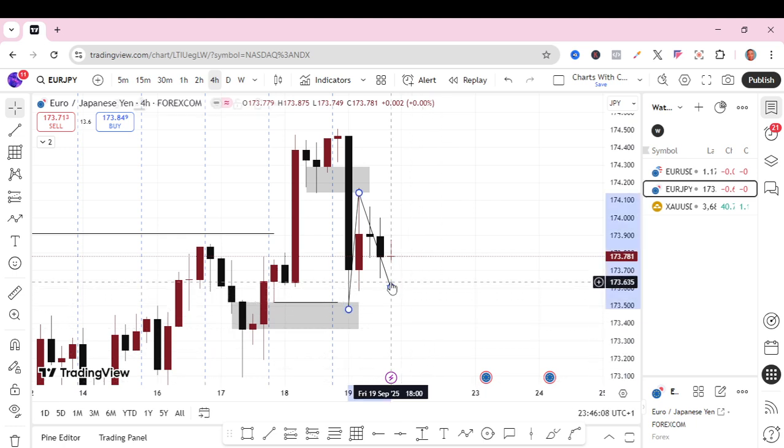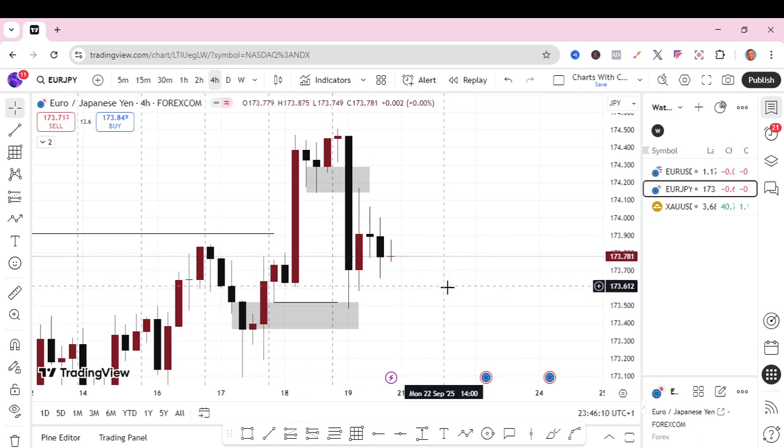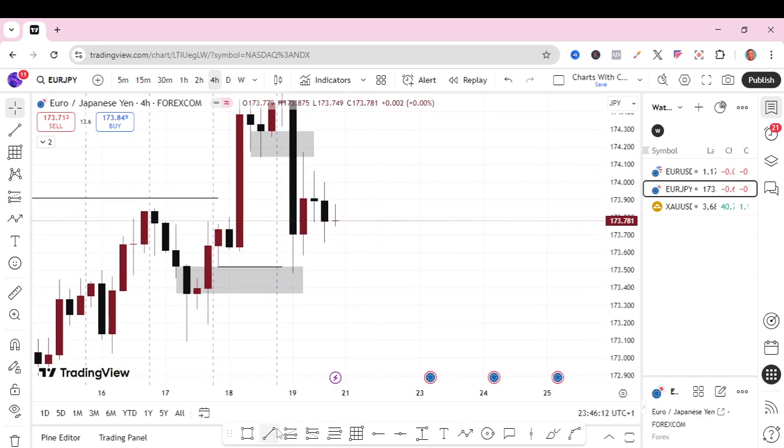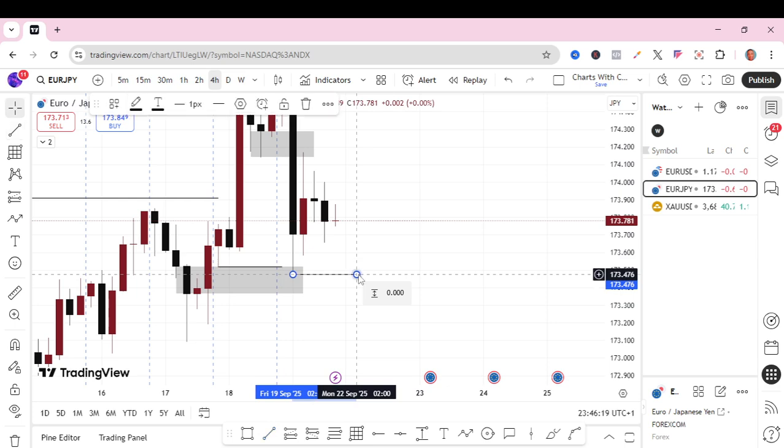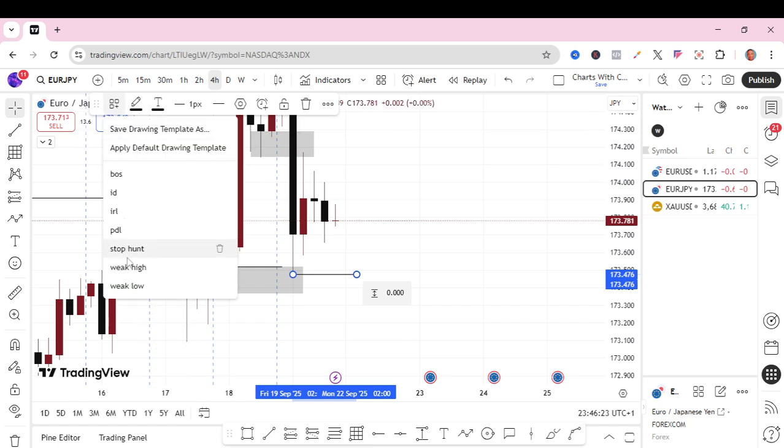And what this also tells us is that the market is coming to take out this low. This automatically becomes a weak low, right?